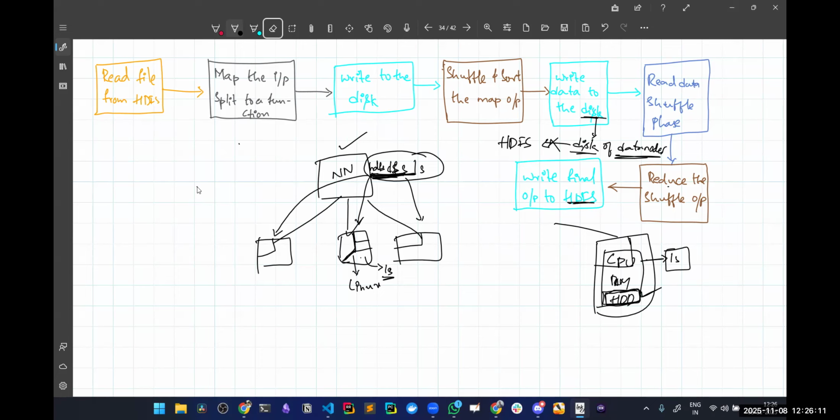But the final output is stored again in HDFS. So the file is read from HDFS, the final file is written to HDFS, but all of the intermediate step outputs are written to the disk of this particular Linux box. It's not written in your shared file system called HDFS.